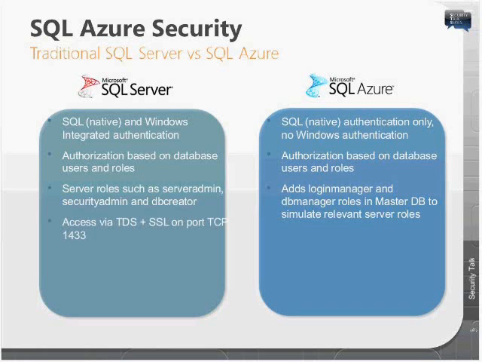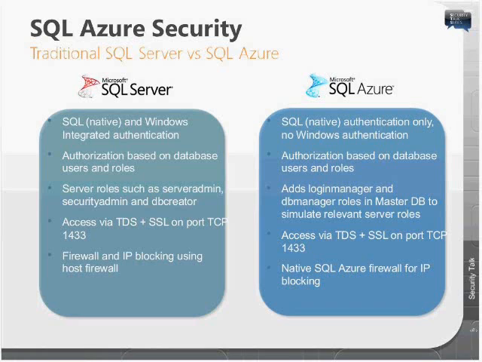On SQL Server and on SQL Azure, you use the same protocols. You use TDS and SSL to communicate between SQL and the hosts, so that doesn't change in SQL Azure. In SQL Server, you have the Windows firewall and IP blocking using the host firewall, and you can obviously have external firewalls.